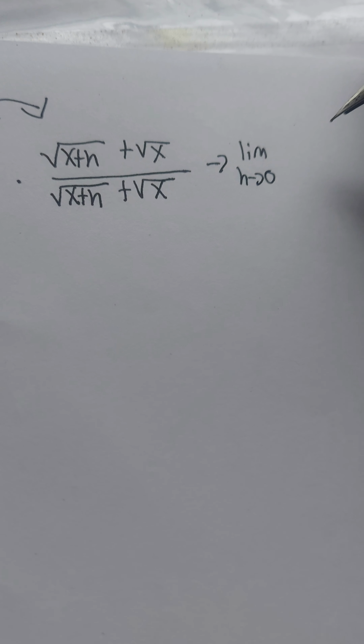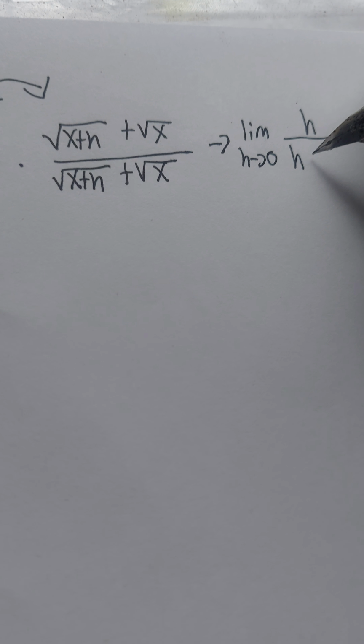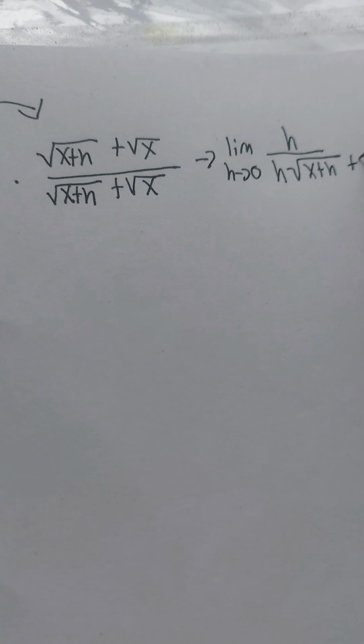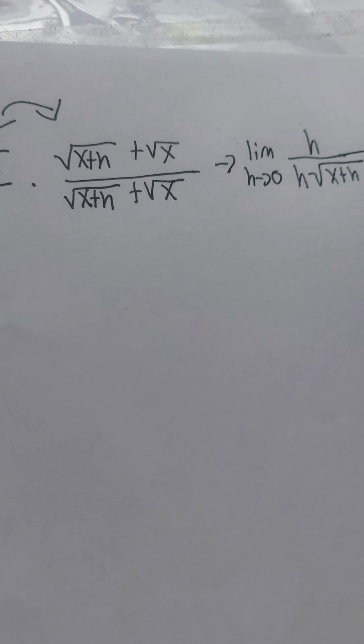The final expression becomes the limit as h approaches 0 of h all over h times the square root of x plus h plus the square root of x. There we have it. This leaves us with this expression.